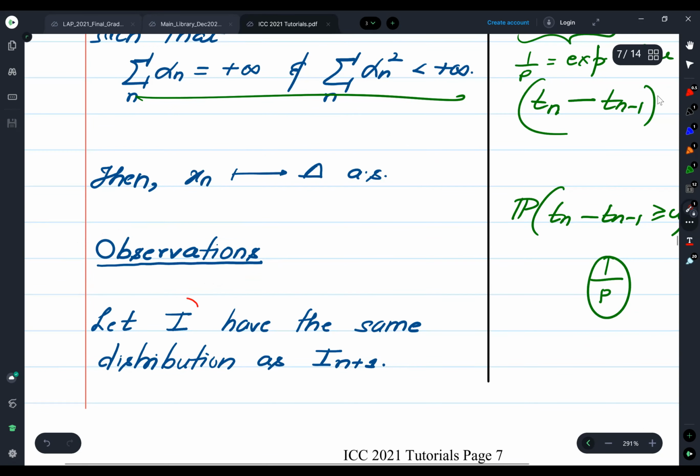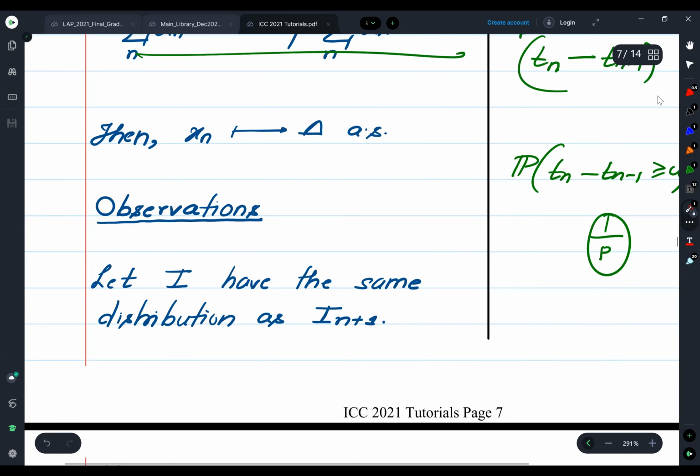To begin with, recall these I1, I2, I3 and so on. These are the indicators which tell us whether the page has changed or not with regard to the previous crawled instance. These are IID because the times at which the page changes and the times at which we access them are also behaving in an IID fashion. So let I have the same distribution as any of these I1, I2 and so on.